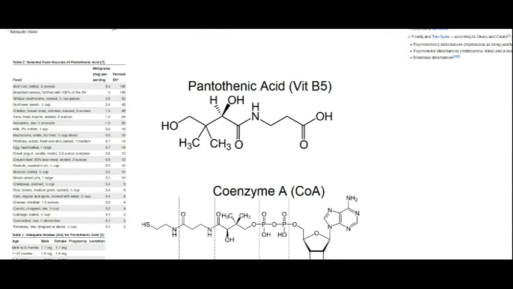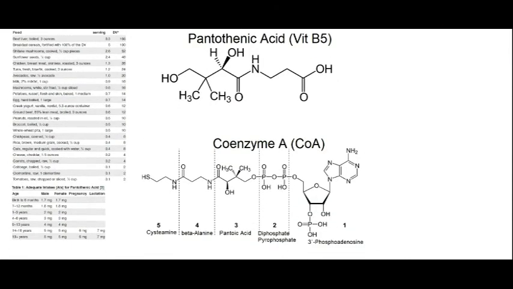Down here is pantothenic acid, or vitamin B5. I'll go through this later on, but there are multiple enzymatic steps that will turn this into pantoic acid, which is then incorporated into coenzyme A. If you have heard anything about metabolism, you may have heard of things like acetyl CoA.